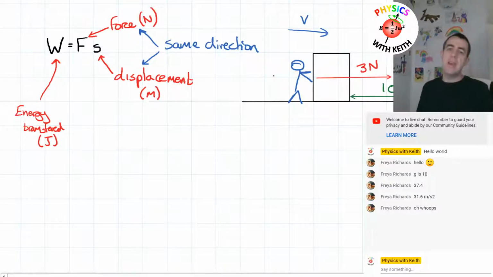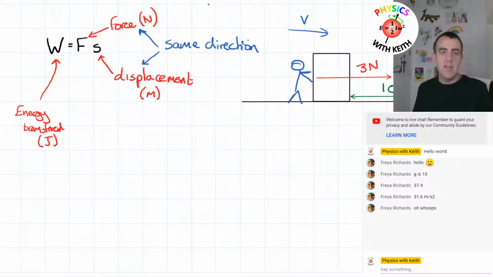So what's happening to all that energy I'm putting into the box? Well, because of the force of friction, the energy is going to be dissipated as heat energy. And how much heat energy is dissipated, I can calculate using this equation.